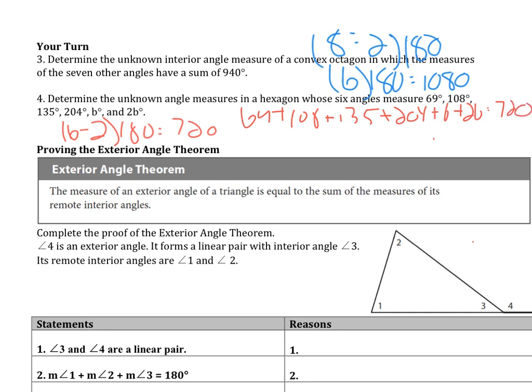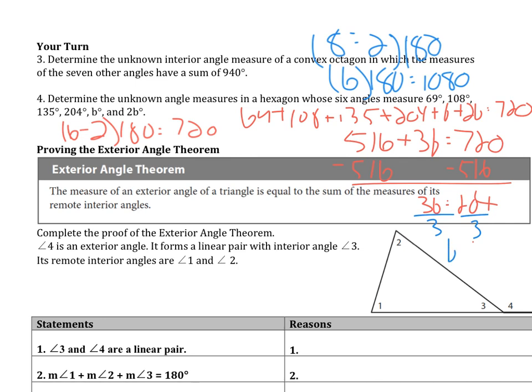If we combine all those, we get 516, and B plus 2B is 3B, and that equals 720. If we want to solve from there, as Gia had said, we're going to subtract that 516, and you get 3B equals 204. Divide by 3, and B equals what?